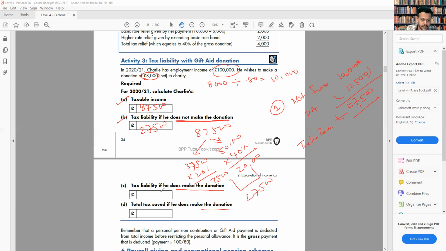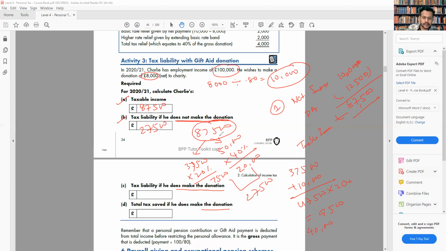The next one says tax liability if you make the donation. Okay, so now we need to extend the band. The total is 87,500 anyway, but this time we have to extend the basic band. Normally the basic band is 37,500, plus we need to add 10,000, so the new basic band will be 47,500, and here we calculate 20%. 47,500 at 20% is 9,500 tax. And the remaining one is another 40,000.